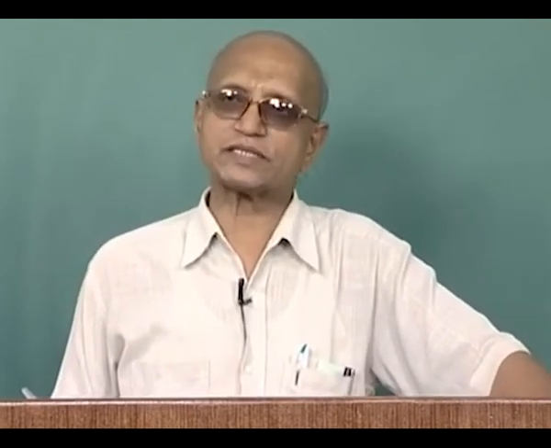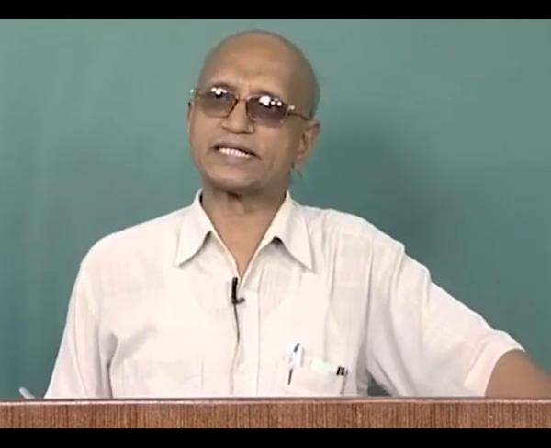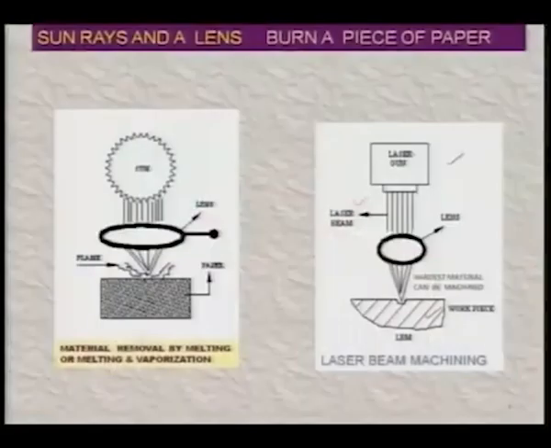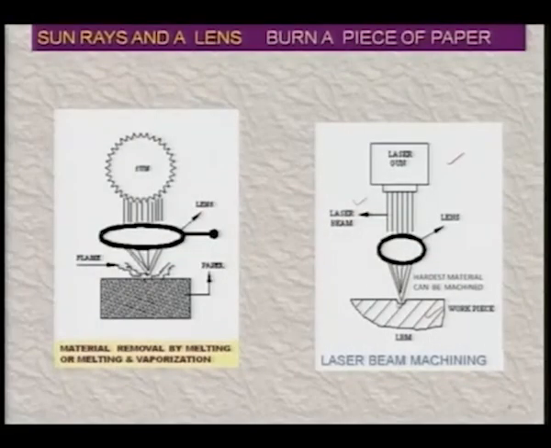Even diamond can be melted by this particular process, and it has been used for cutting or drilling a hole in the diamond. As you can see, here is the workpiece and here is the concentrated light at a particular point, which is utilized for melting and or vaporization.